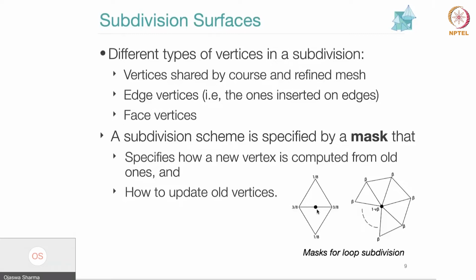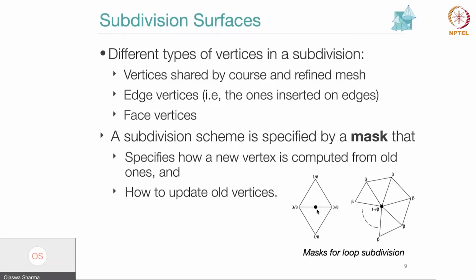So that's one mask. The other type of mask is how to update the old vertices. The old vertices of the mesh also need to be updated, because a subdivision will change the appearance of the mesh. There are two types of subdivision schemes, the ones that are approximating schemes and the ones that are interpolating schemes.